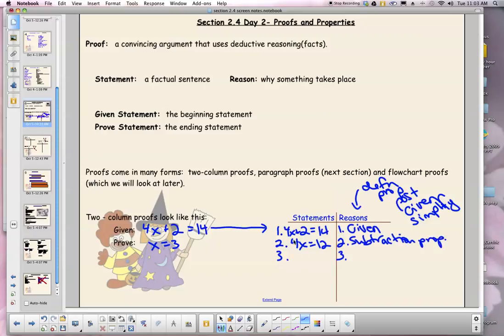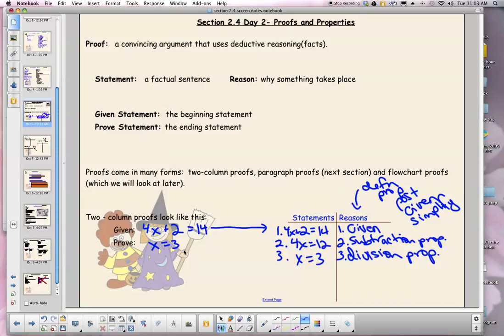Okay, and then our next step in the algebra problem would be to get rid of the 4. So we would divide both sides by 4, and we would get x equals 3. Since we divided both sides by the same number, we know that that's the division property.